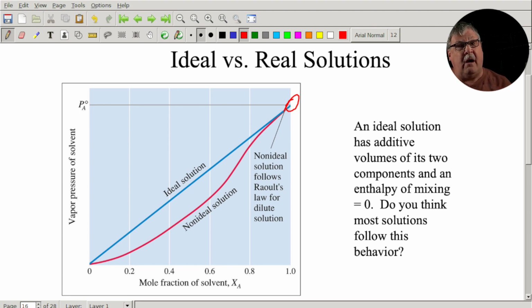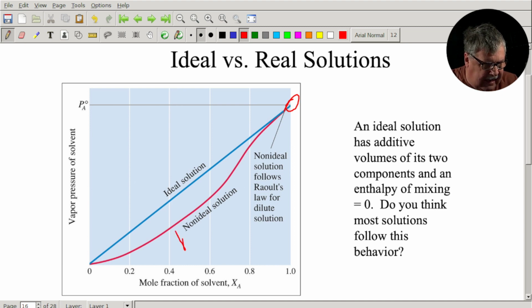But that assumes that there are no attractive forces between the solvent and solute molecules. And that's one of the first things we talked about, that solutions exist because there are attractive forces between solvent molecules and solute particles. So you can see there's a deviation.